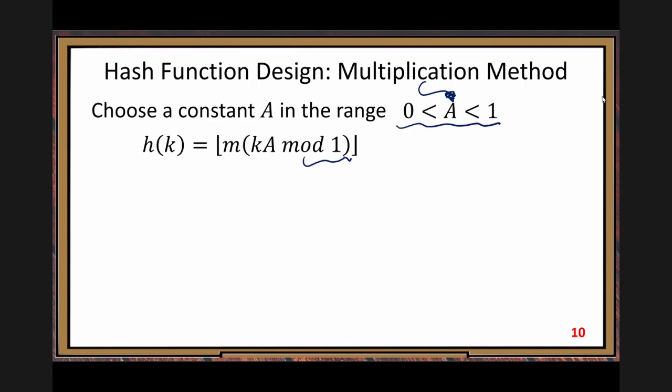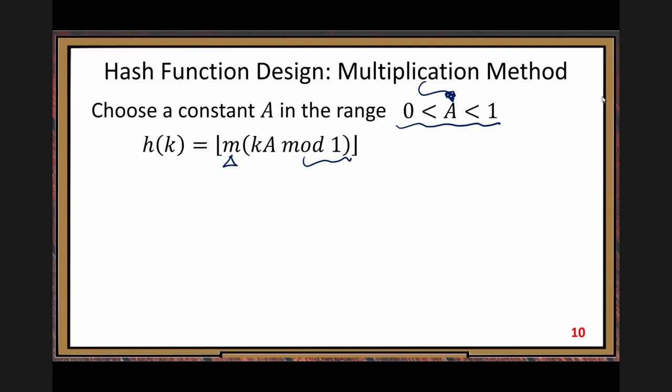The fractional part, then you multiply by n, because you want to scale it to n slots. Your final locations, you have n slots, so you scale the number to cover the n slot location numbers.